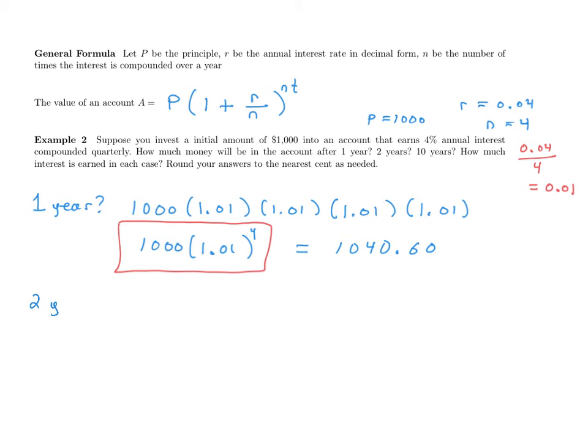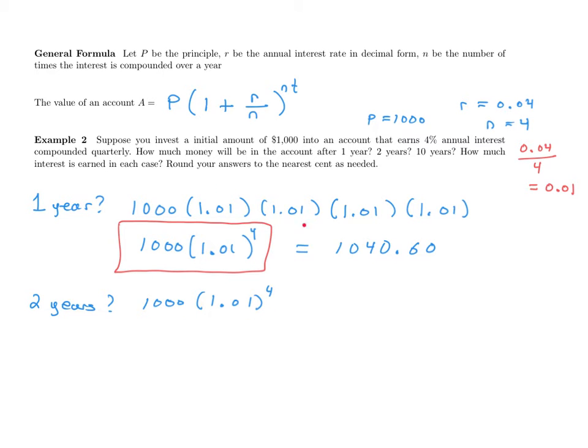So for 2 years, we would take this value and we would do this process again. So we're going to take this and multiply it by another 1.01, a total of 4 times. For efficiency, I'll say, well, the balance in the account is 1.01 to the 4th power times 1,000. This is the balance after a single year.